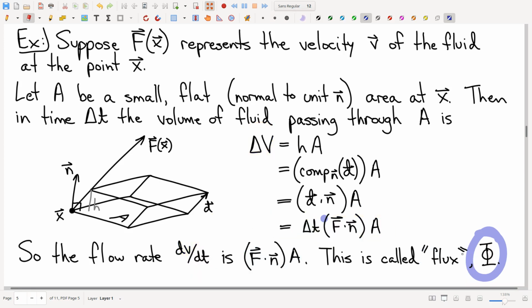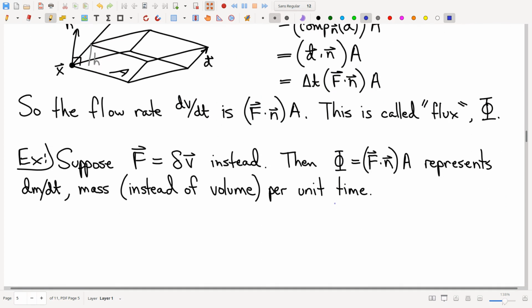So now there's a related question. The related question is, what if I have a different way of representing a vector field? What if I use not velocity, but seemingly weirdly, density times velocity?